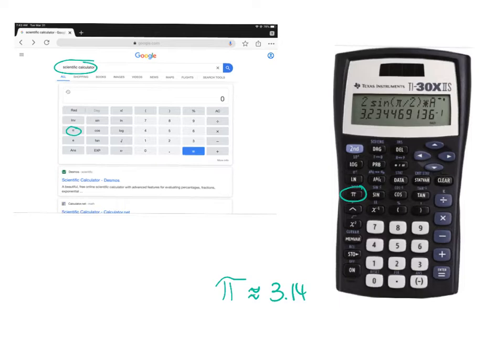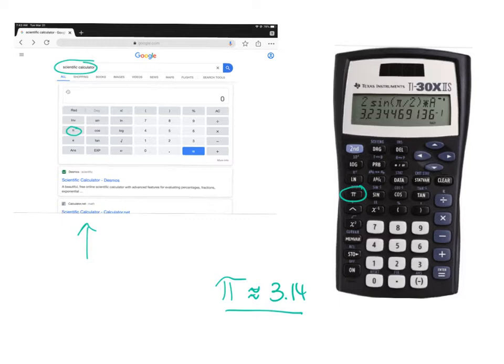Same thing, you can press pi and it'll come up as much as the calculator can hold. If you have neither of these things, you can estimate and use 3.14 as pi.